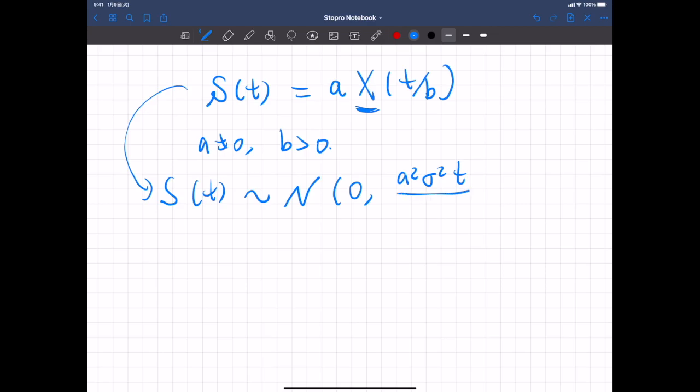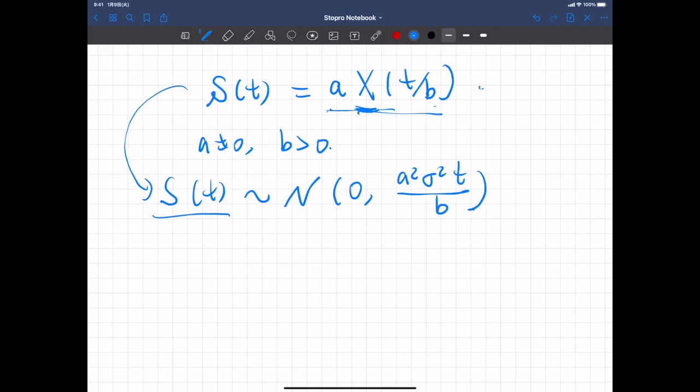So if we scale the Brownian motion like this using two constants, then the resulting random variable is again a Brownian motion but with a different variance.